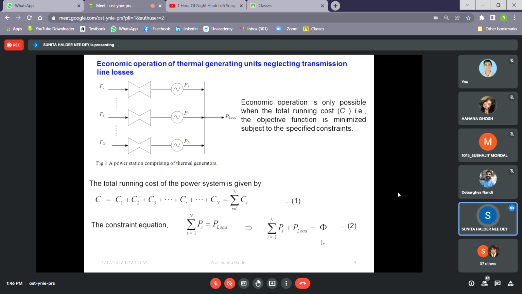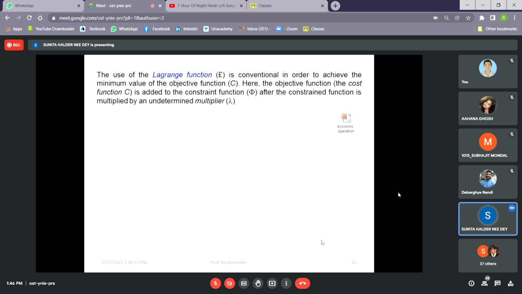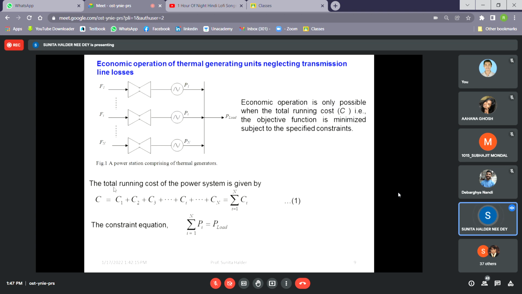So there is a method called the Lagrangian multiplier technique. If we want to optimize any function, say here we want to optimize the function C, then we must find one new function called the Lagrangian function, where we write the cost function, and the constraint function is multiplied by the Lagrangian multiplier lambda.